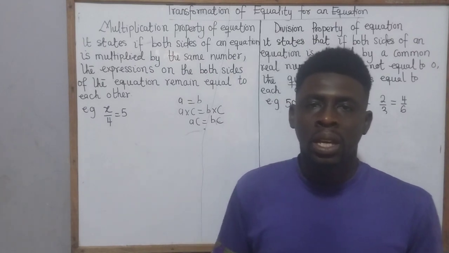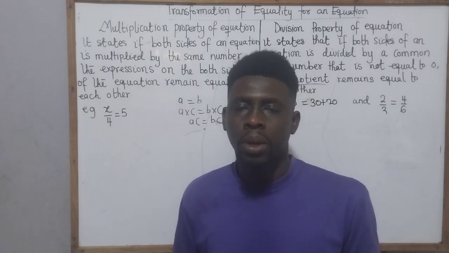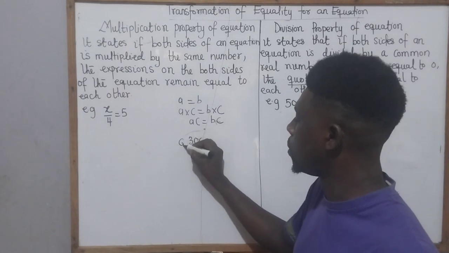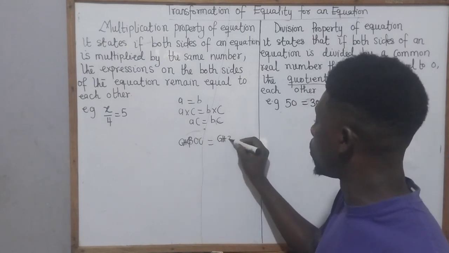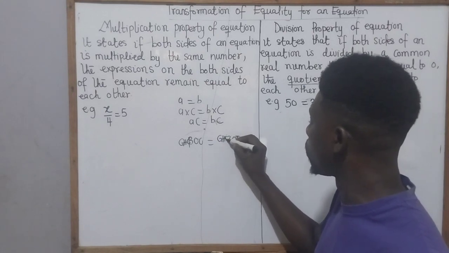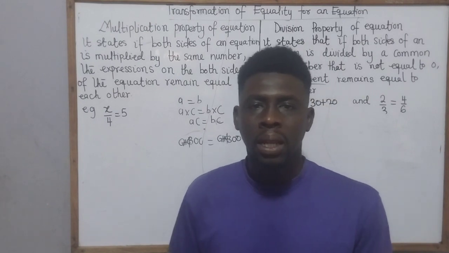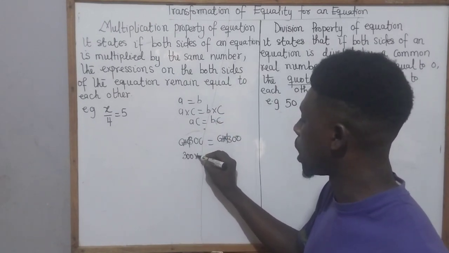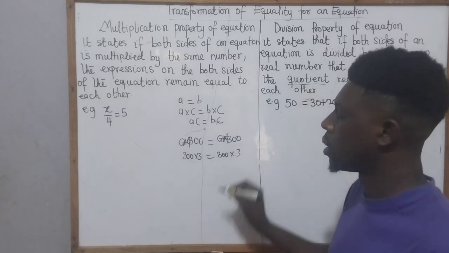For example, if Lisa and Tina are given an equal amount of money, say 300 Ghana cedi each, then the two decide to multiply their money by 3. That is 300 times 3 equals 300 times 3.